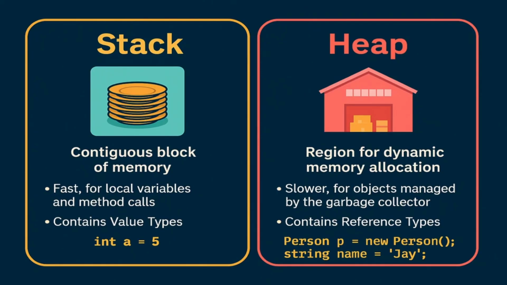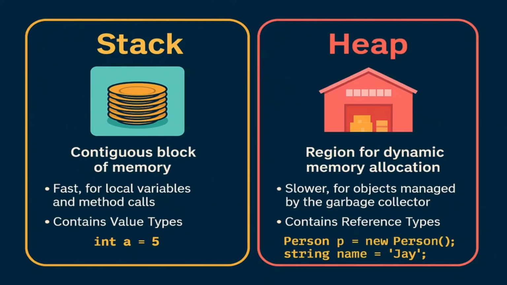A stack is like a neatly organized stack of plates. It's a contiguous block of memory. Contiguous means all the memory blocks are in a series. And it is fast. It's used for local variables and method call information.